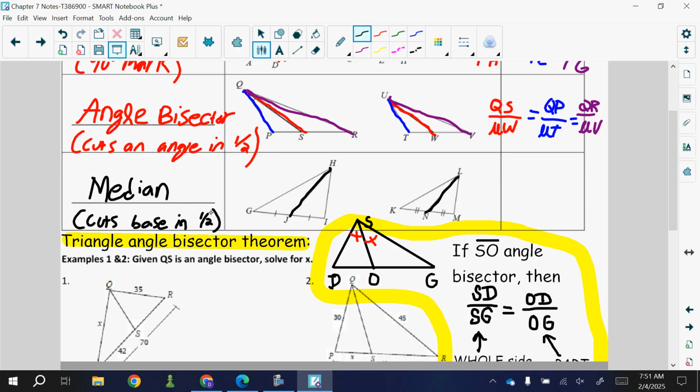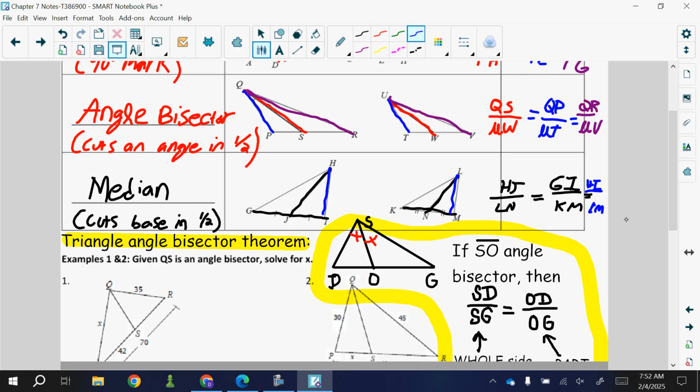So we could say HJ over LN equals GI over KM, which equals HI over LM.